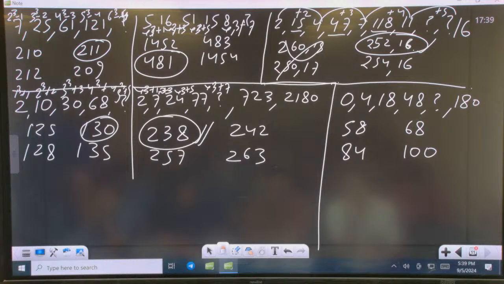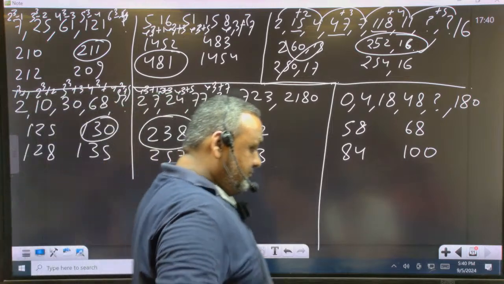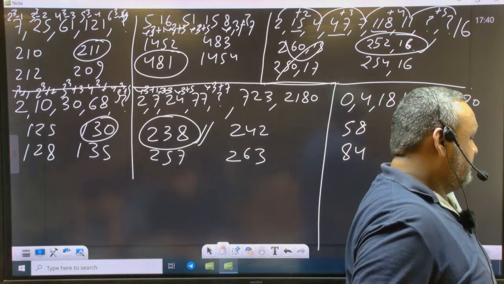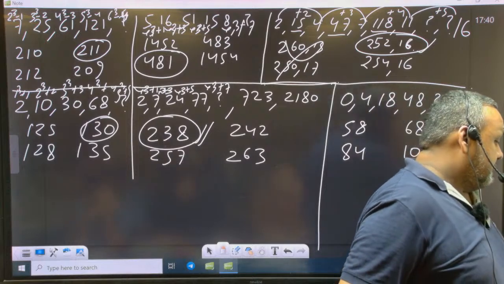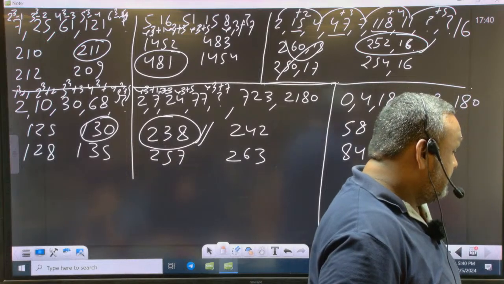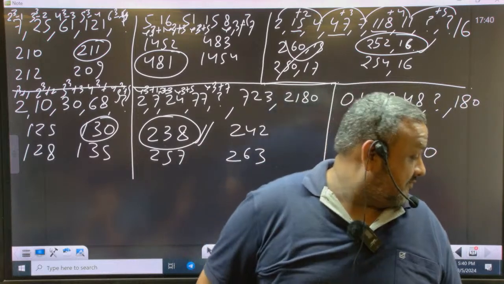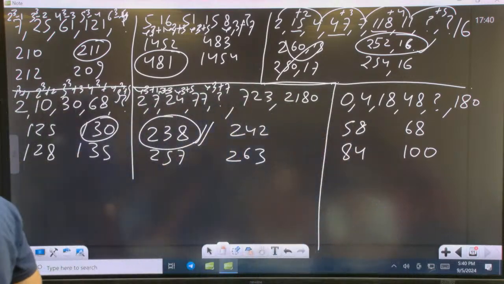Show me your pattern logic. Just show me your notebook like this. Yes. Answer of the last.